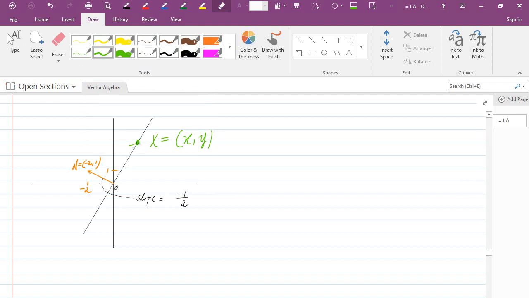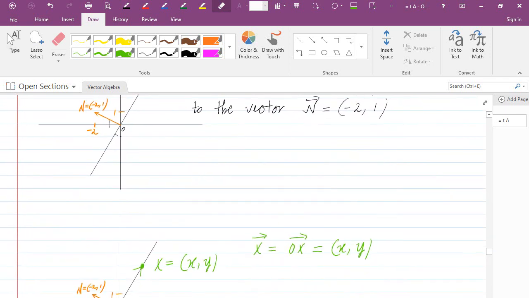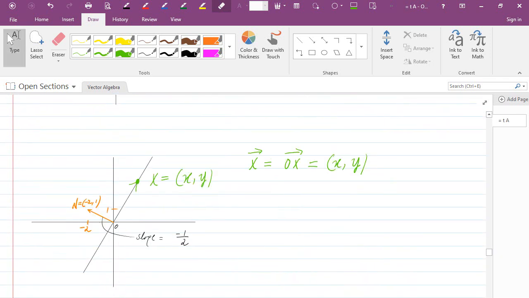So the vector OX, which is the position vector of the point X, would be x comma y. Clearly, remember we are given that the line passes through the origin, and n is a perpendicular vector to the line.